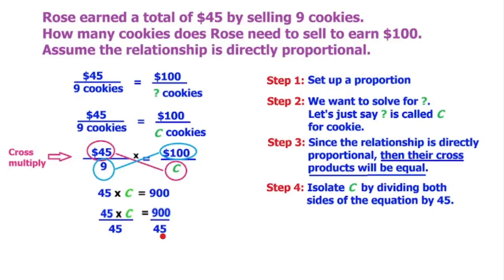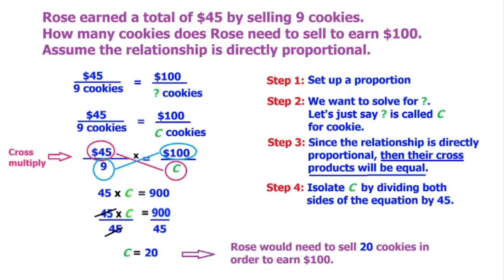So now the 45's cancel out and we're left with C equals 20 because 900 over 45 equals 20. So Rose would need to sell 20 cookies in order to earn $100.